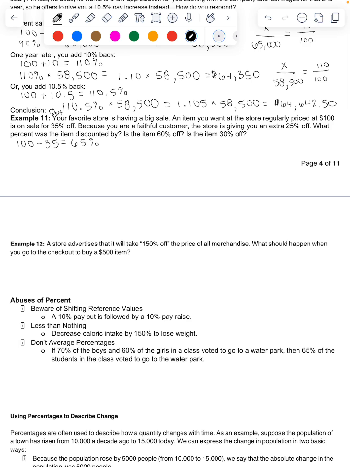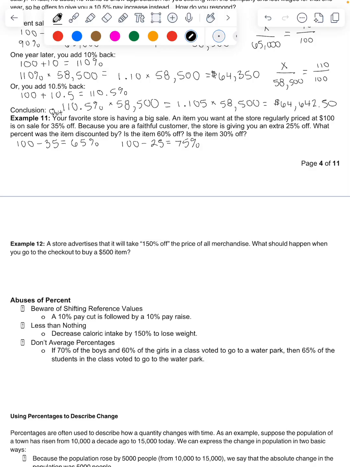You will be paying 65% on the original item. But now, because you're a faithful customer, the store is also giving you an extra 25% off. So 100 minus 25 is 75% of the price that was already discounted.